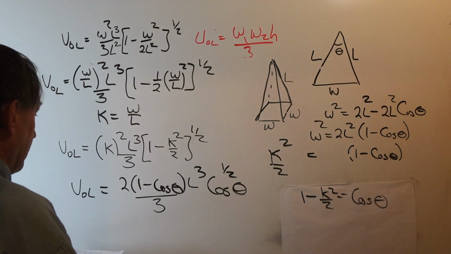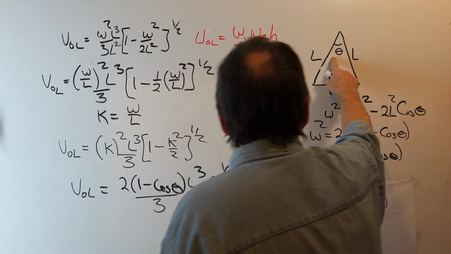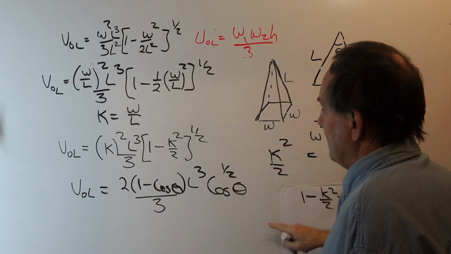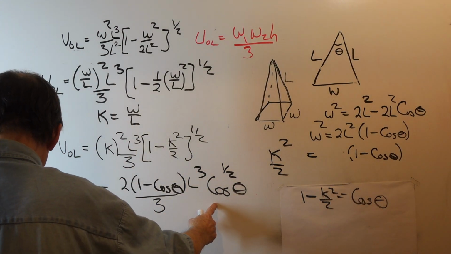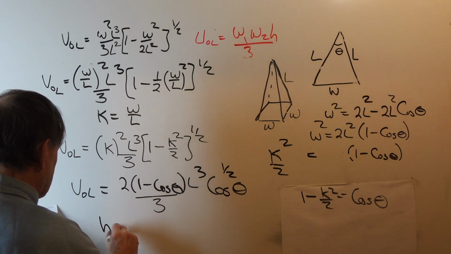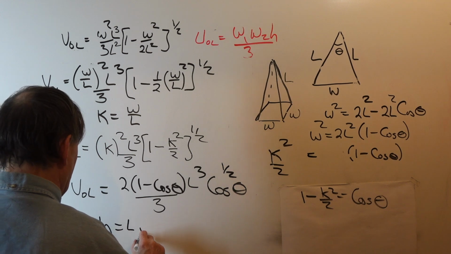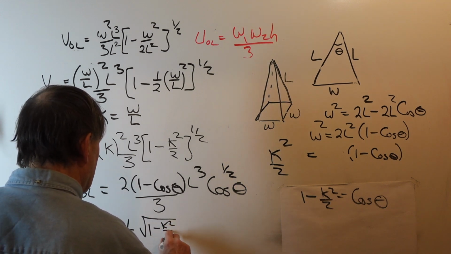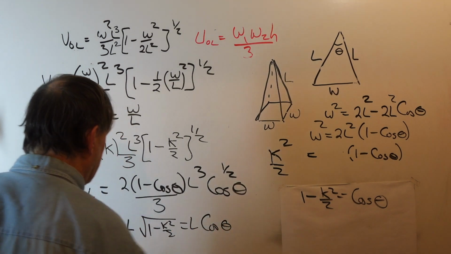So there is another expression for our volume. If we know the angle and we know a side length on the slope, then we can compute the volume using this particular equation. And then also we have a relationship, you can work this out, that the height is L times 1 minus K squared over 2, which is L times the cosine of theta.